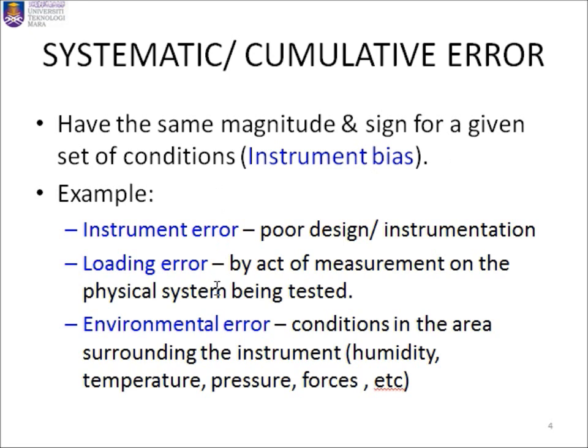First, instrument error, poor design or instrumentation error, and then loading error by act of measurement on the physical system being tested, and other than that is environmental error. So it depends on the condition in the area surrounding the instrument. For example humidity, temperature, pressure, forces and etc.